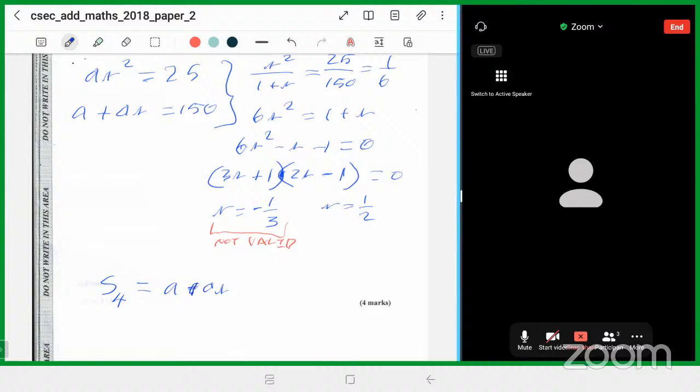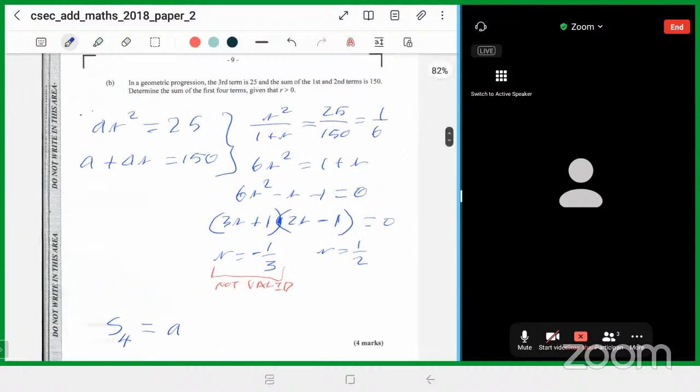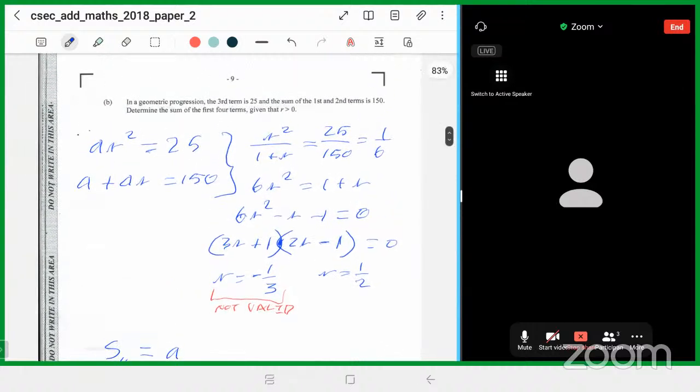Sir, check this for me, please. I had AR squared over A plus AR, and then I canceled the AR on the bottom. No, you can't do that. You can't cancel the AR on the bottom because it is being added with this.